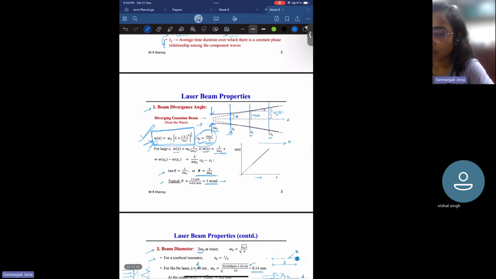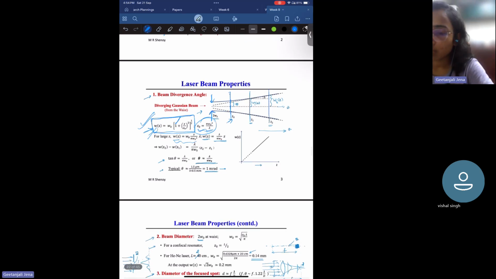And for larger Z, you can neglect this one because Z square dominates over the one. That is why for larger Z, we have WZ as W0 Z by pi W0 square into lambda.